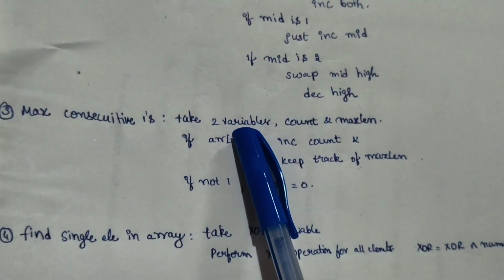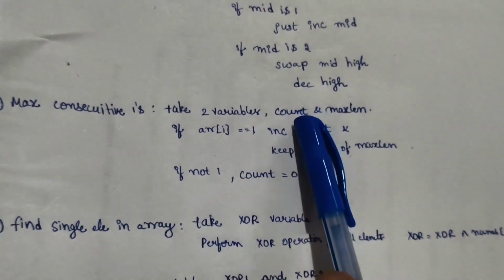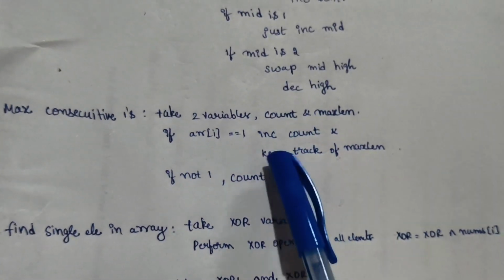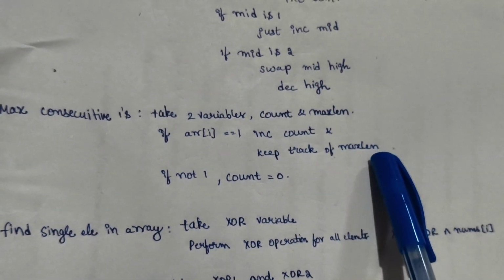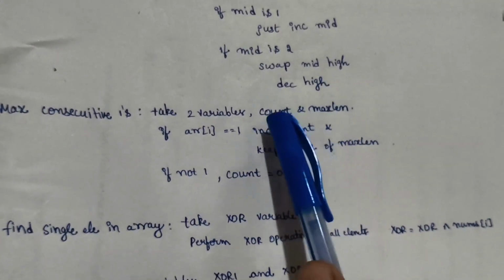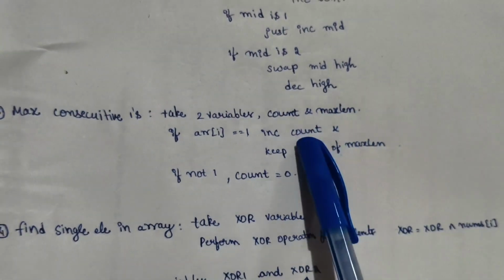This is very easy. If the array element is 1, we will increment the count, but we have to keep track of the maximum length. So we set the maximum length equal to the maximum between the count and the max length. This is the first step.